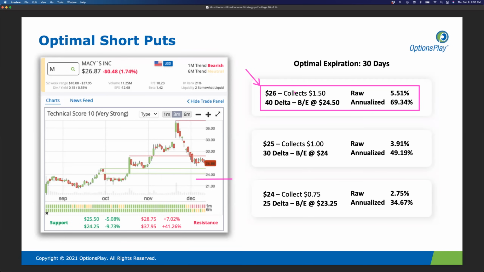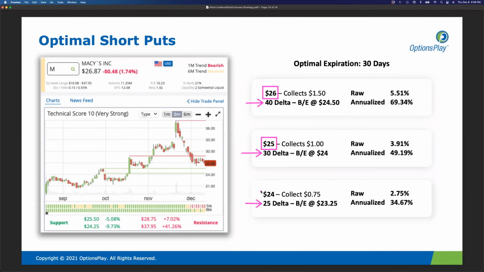But when we look at short puts, we find that the opposite is true. You actually want to select strike prices that are very close to the current price of the underlying stock, or a high delta. So in this particular case, this is a 40 delta. A 40 delta means that there's a 40% chance that Macy's will be below $26 at expiration. The 30 delta means there's a 30% chance the stock will be below 25 at expiration.